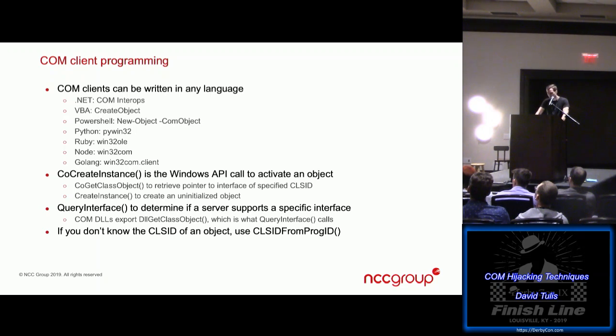This calls the object interface's query interface method. This method retrieves the pointers to the interfaces implemented in the object, and then from there you can interact with the COM objects using a pointer to its interface. And if you don't know the class ID, the OS is capable of resolving the ProgID to a class ID using the CLSIDFromProgID API call.